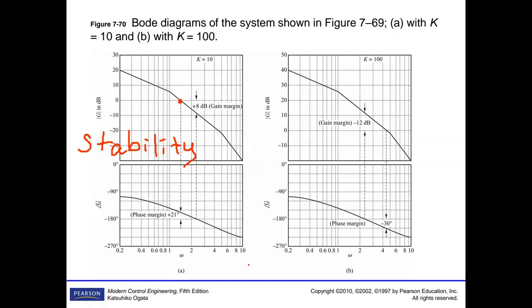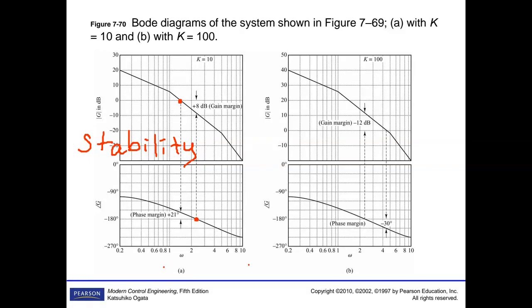This point, where our gain function crosses zero, and then this point, when you fix this point, come to this point and obtain the angle. How many degrees the angle is away from minus 180 degrees, that is the phase margin.